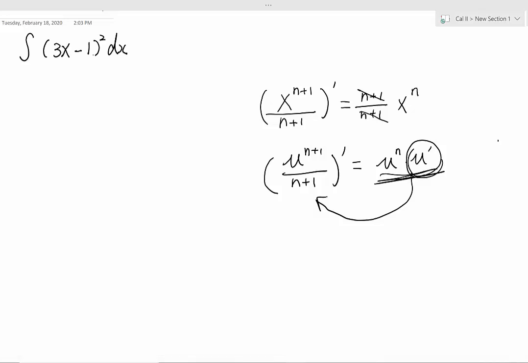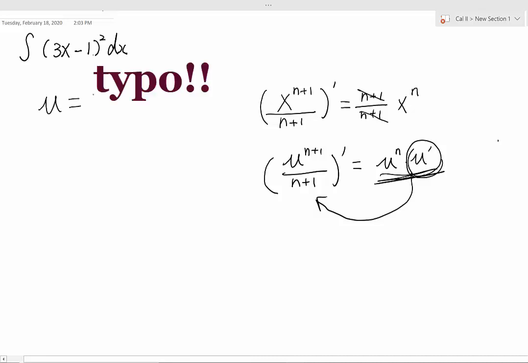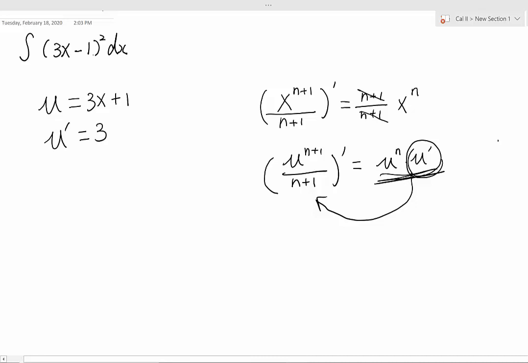Let's look at our problem. Our problem is the integral of (3x minus 1) squared dx. Our u is very clear, as the one we just did before by u-substitution. We're going to have our base to be 3x minus 1. Now I'm looking for the u prime, which is a 3. The derivative of 3x is 3, and the derivative of the constant 1 is 0.